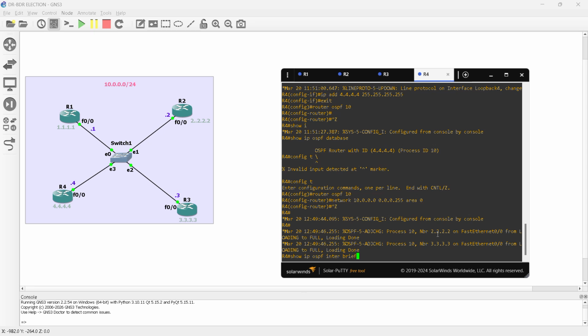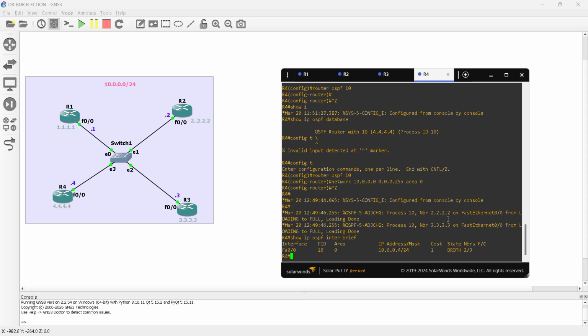As DR and BDR selection has already happened, it doesn't matter. R4 will be chosen as DR other, as R3 is already our DR. As you can see, R4 established itself as DR other.